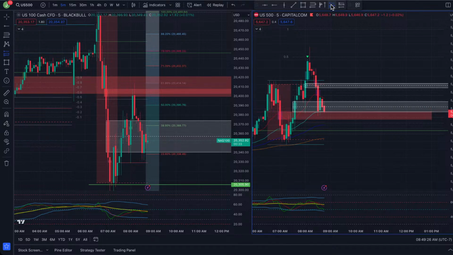Slowly below that consequent encroachment again. US 500 making one more push.